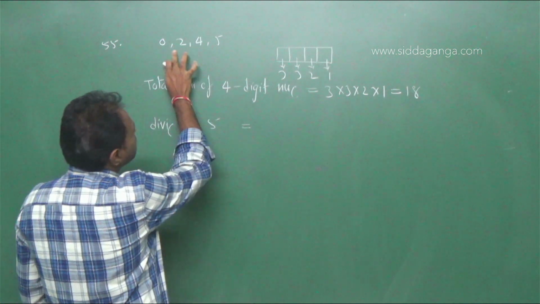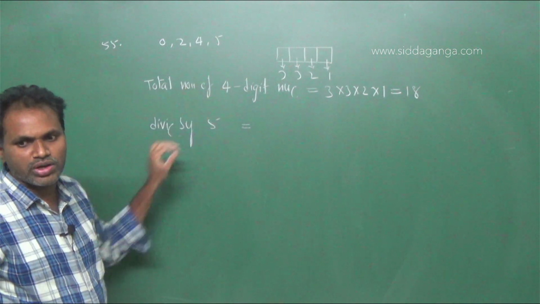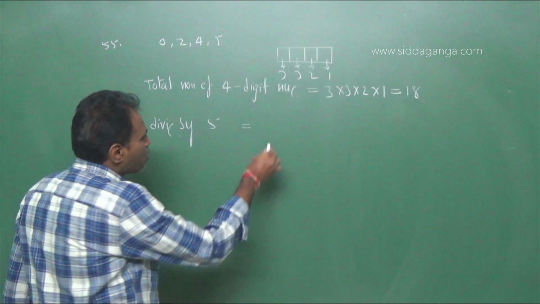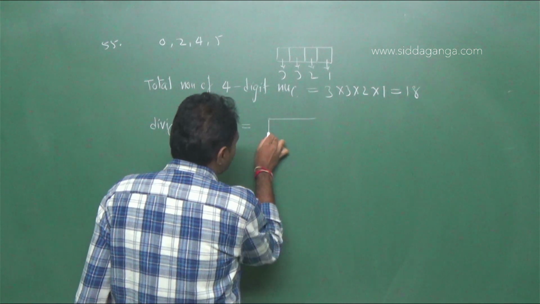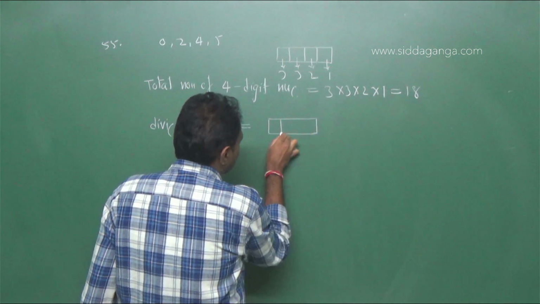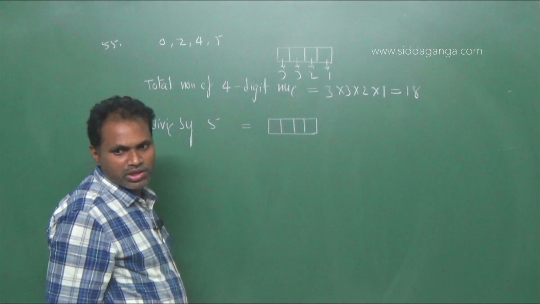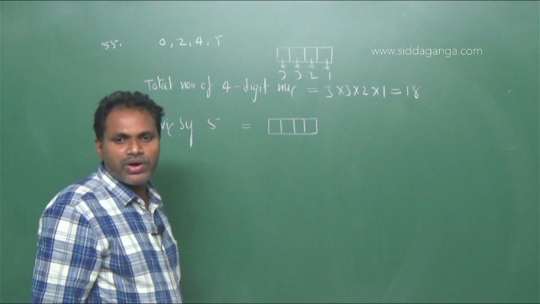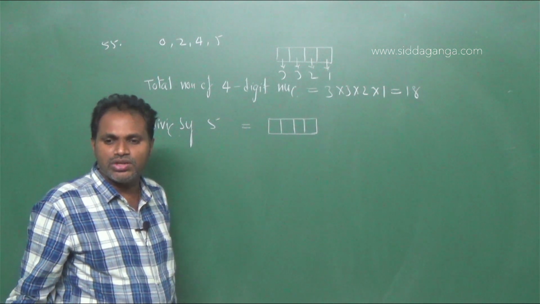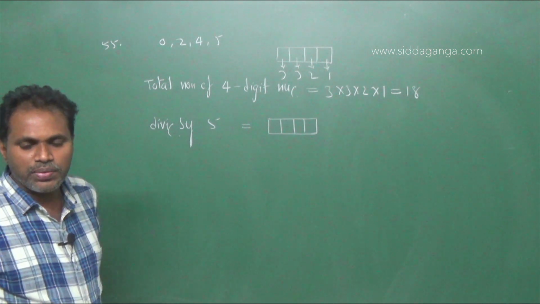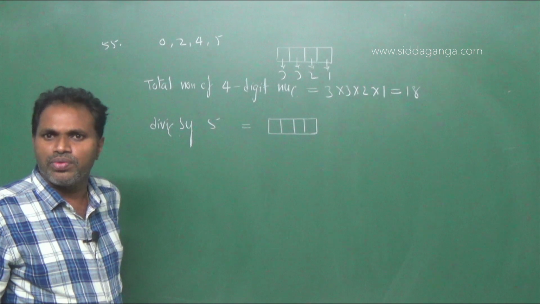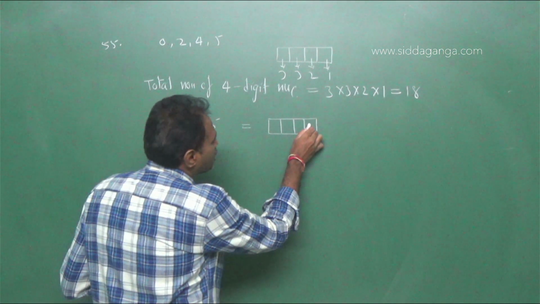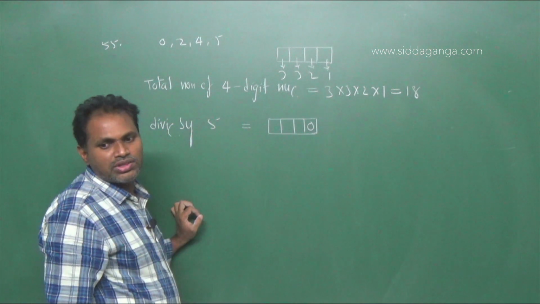Now, by using these 4 digits, the 4-digit numbers divisible by 5 I am finding. Suppose 4 boxes you take. A number is divisible by 5 means that the number ends with 0 or ends with 5. If a number ends with 0 or 5, then that number is divisible by 5. Therefore, first I am taking the number that ends with 0.